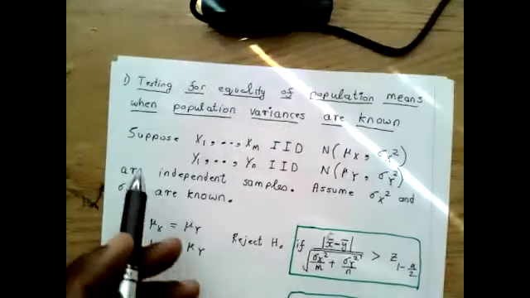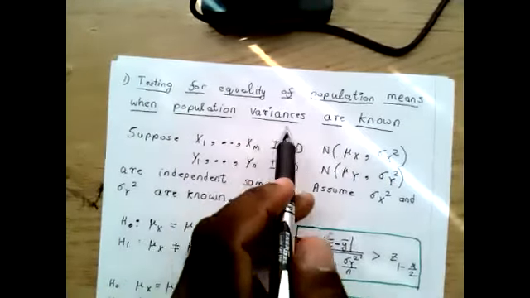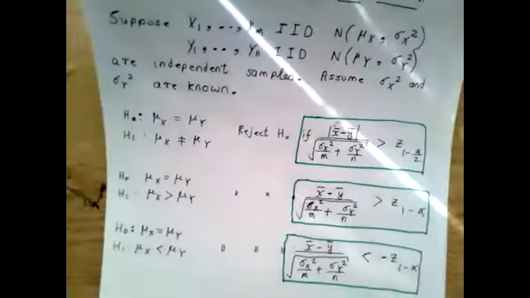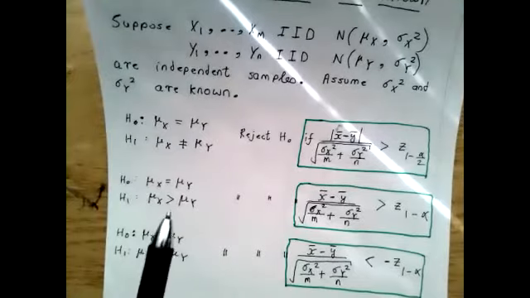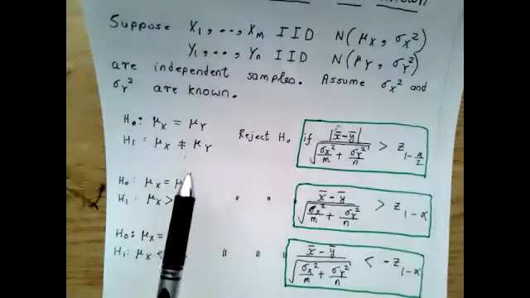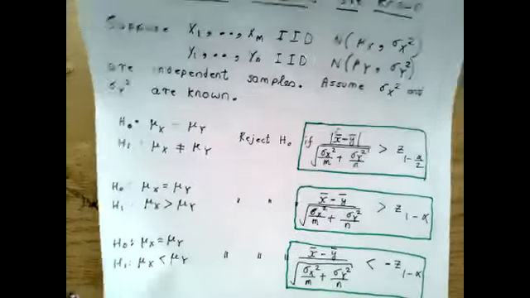So there's the first case, testing for equality of means when the population variances are known. And these are the 3 rejection rules, right? So here we are assuming that the population variances are known, and these are the 3 hypotheses, and these are the 3 rejection rules.